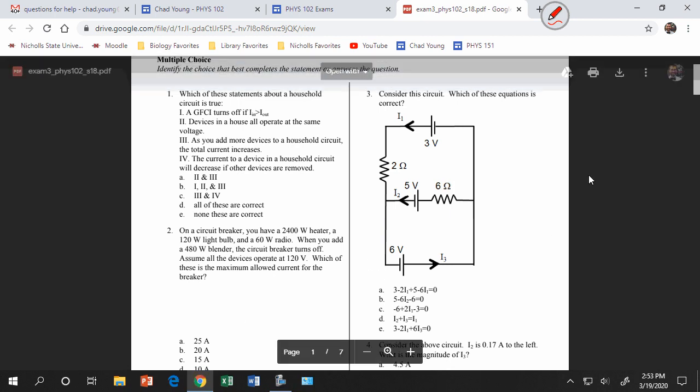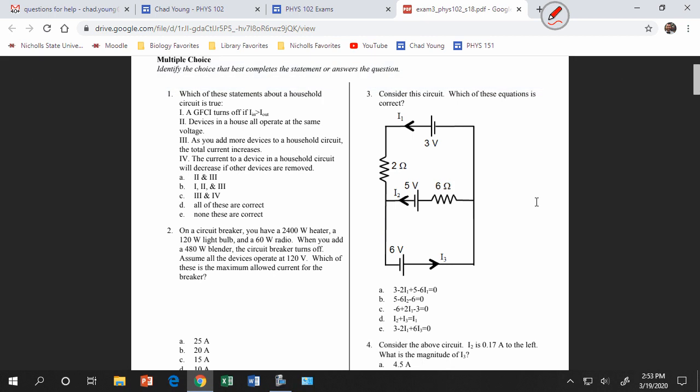Now, number 4, if I2 is 0.17 amps, so I have 0.17 amps right here to the left, so it's in the correct direction as it's drawn. What is the magnitude of I3? That's a little bit tricky because you might say, well, I should just use the bottom loop.